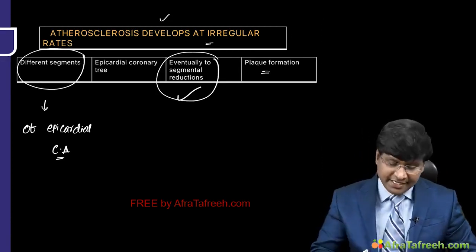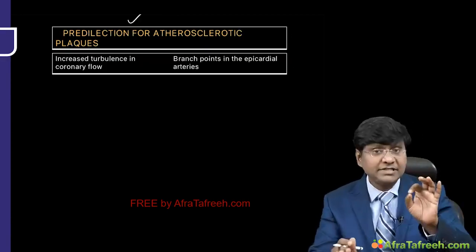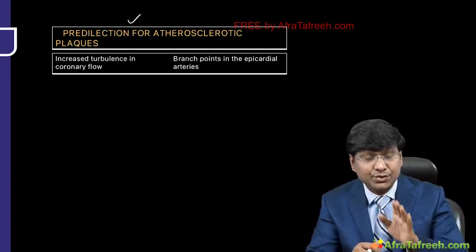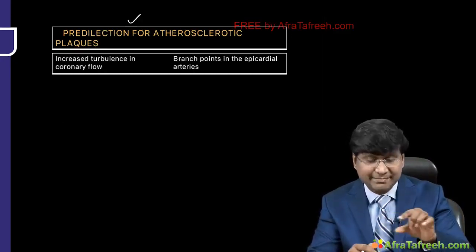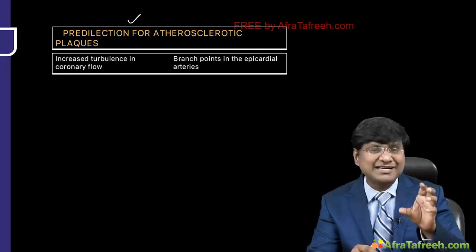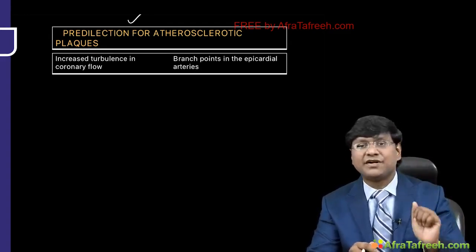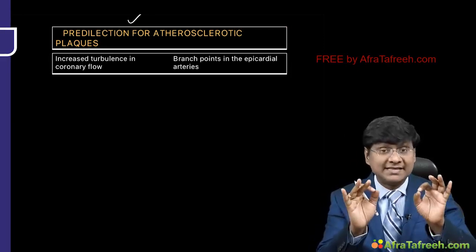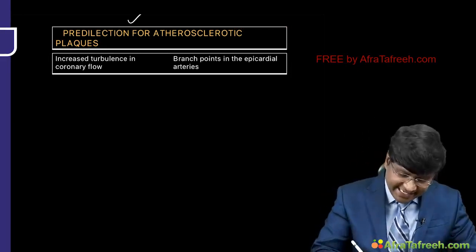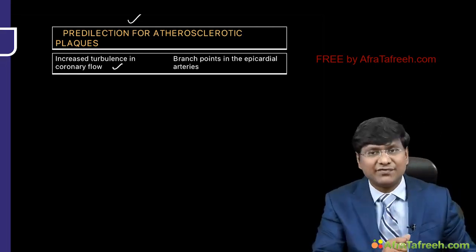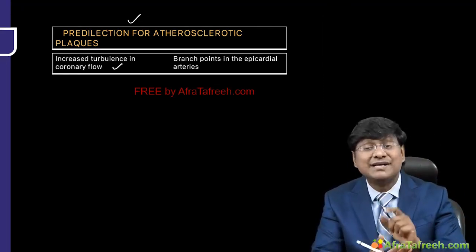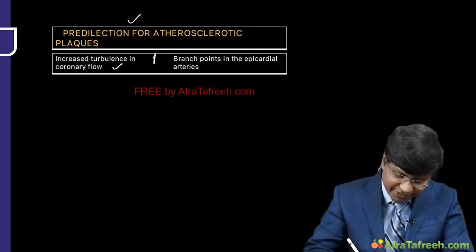Okay, now if you see the predilection for atherosclerotic plaque, you have to understand that in a blood vessel, which particular site has the highest predilection for atherosclerotic plaque. That includes the site where there is increased turbulence in the coronary flow. Now, where is that increased turbulence in the coronary flow? Such as the branch points.